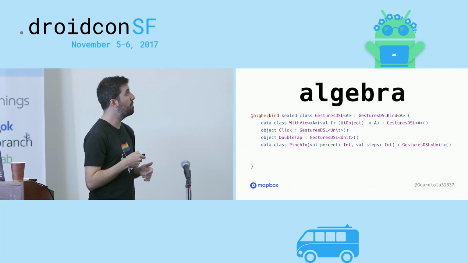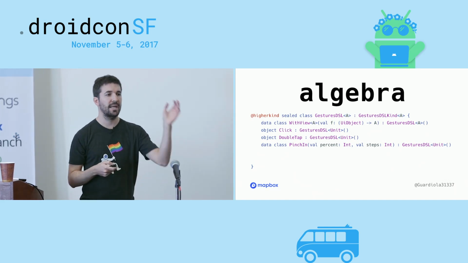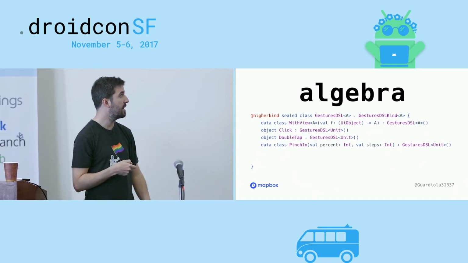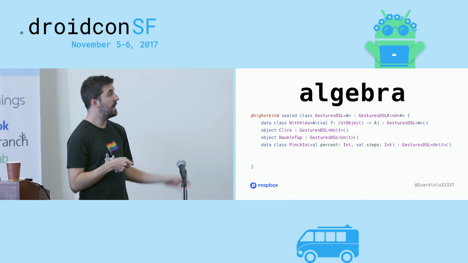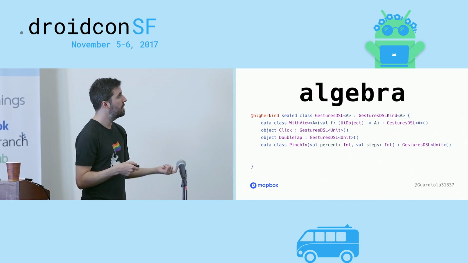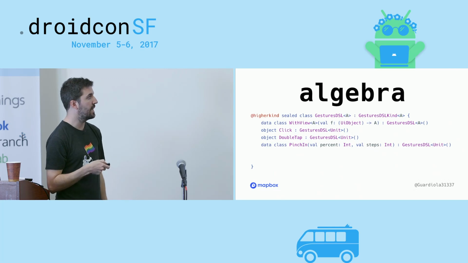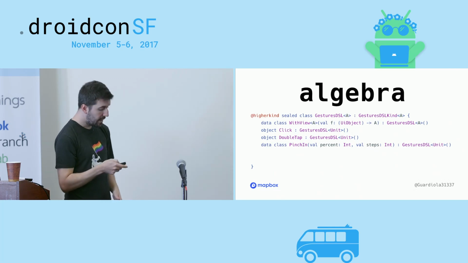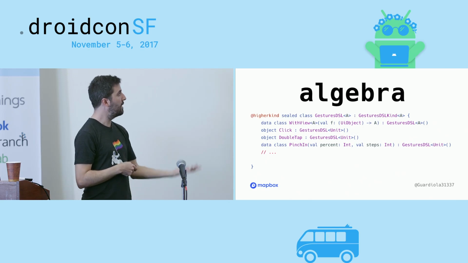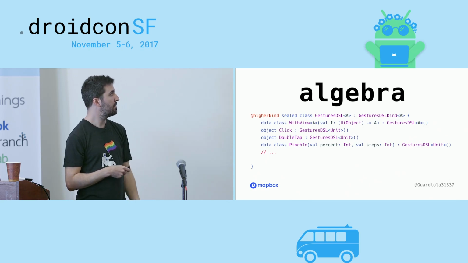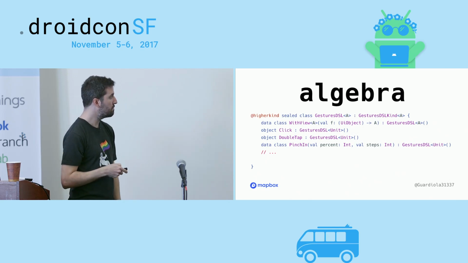And then the parameters that you were passing into the function now are the parameters of the objects. And finally, the return type is now the generic type. And then you will add the operations that you want to support.